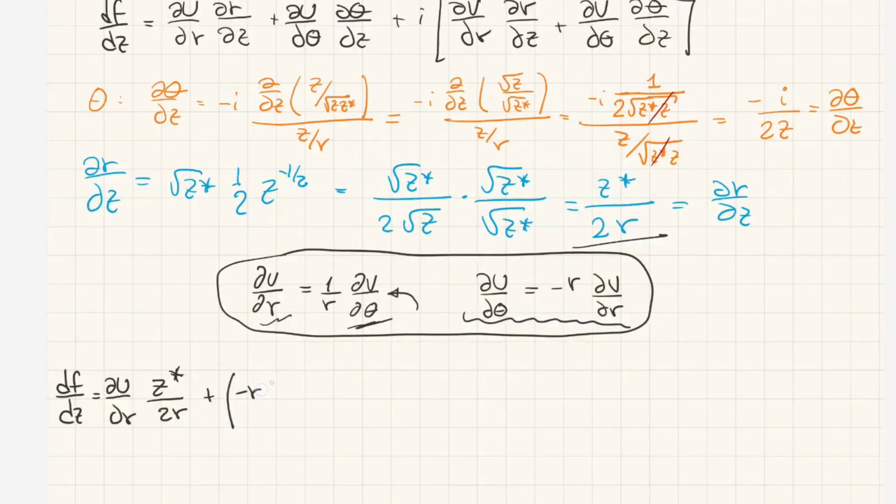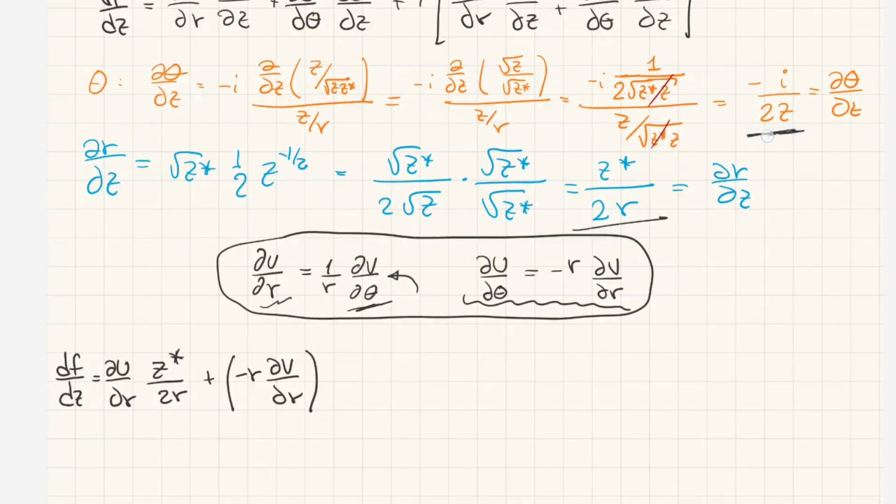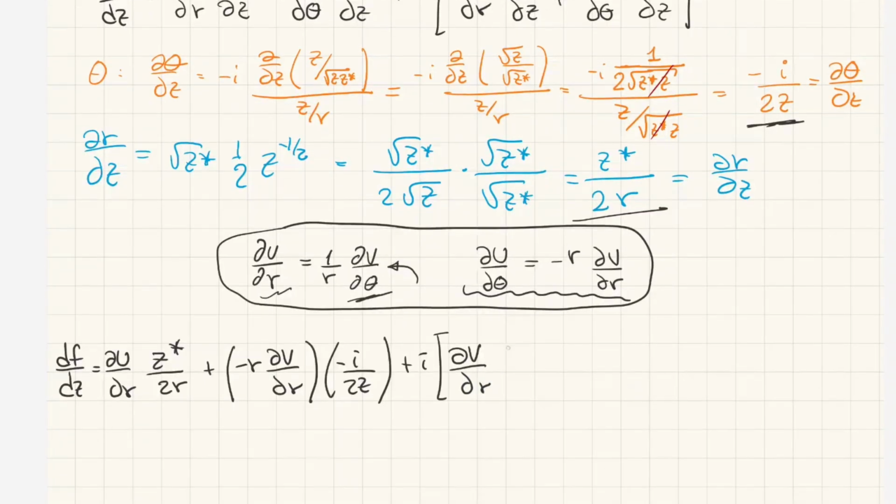So we have minus r, the derivative of v with respect to r, and then the derivative of theta with respect to z, which is this. So it is minus i divided by 2z, and then plus i times the derivative of v with respect to r, and the derivative of r with respect to z, which is z conjugate divided by 2r. Perfect. And then plus the derivative of v with respect to theta.